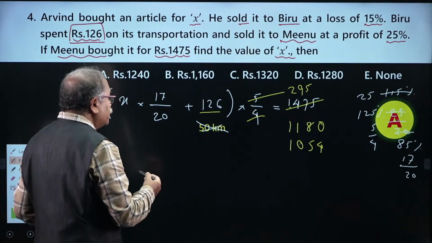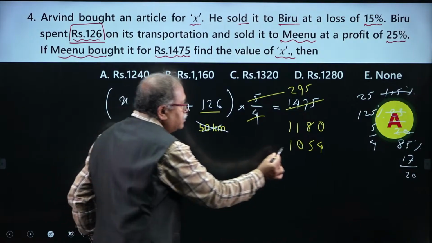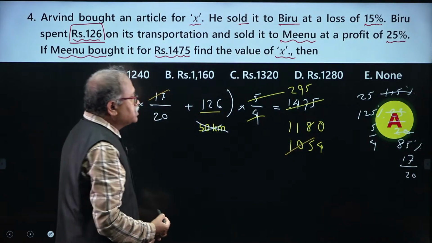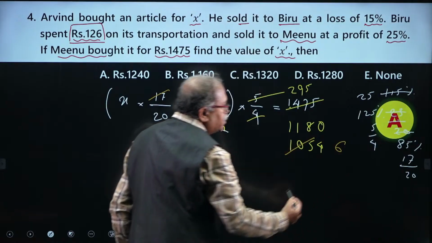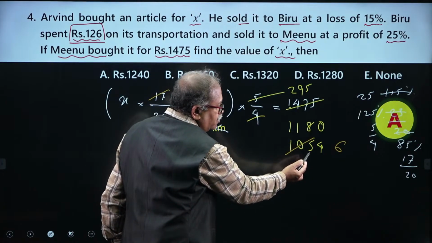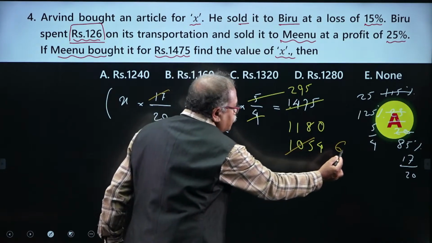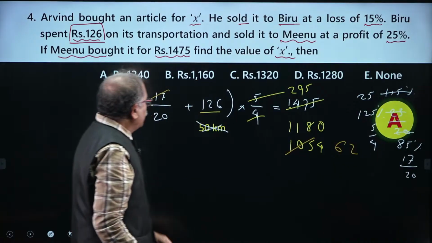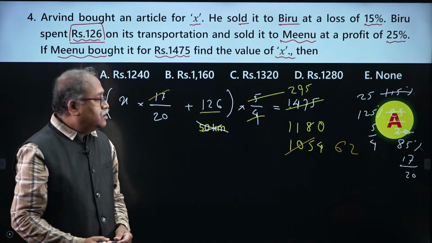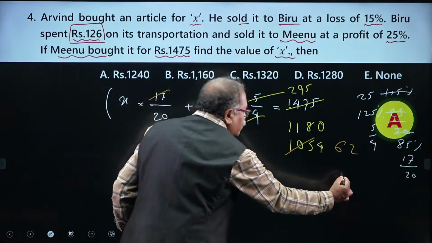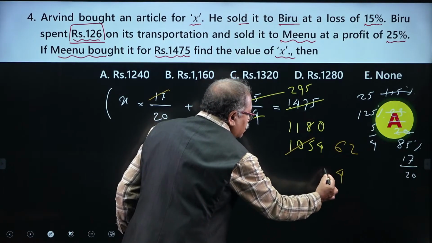Coming over here with 17, how many times? I noticed 6 times, 102, fine, and I am left with 34, that is 2, and then multiply by 20.